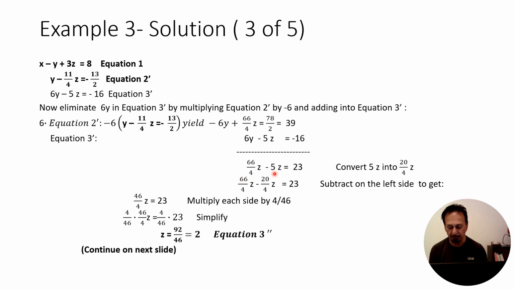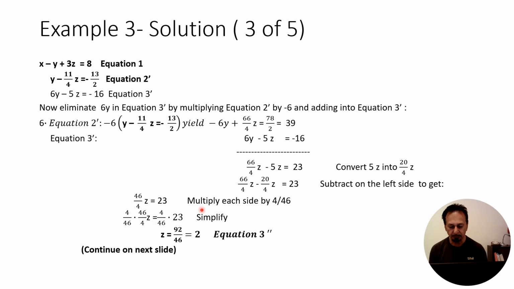We have to combine these two, so we convert 5z into a fraction over 4, multiplying 4 on the top and 4 on the bottom. So now we have 66 over 4z, and this has become minus 20 over 4z equals 23. Now we have the same denominators like a fraction, so we can subtract the numerators. 66 minus 20 becomes 46 over 4z equals 23.